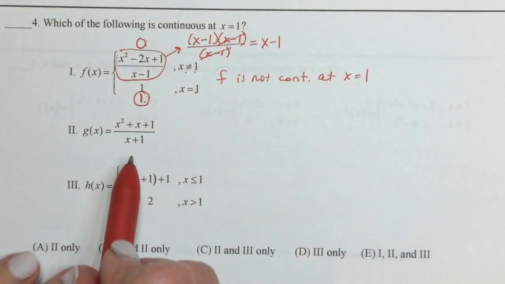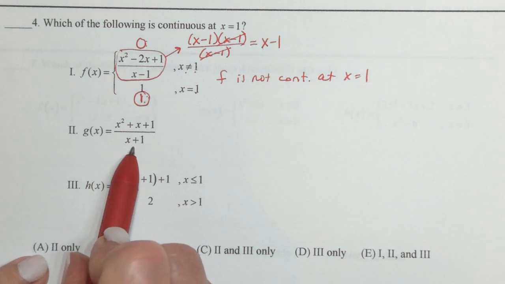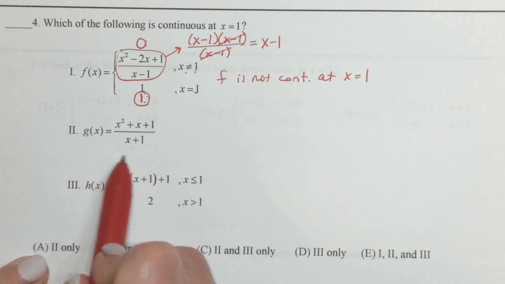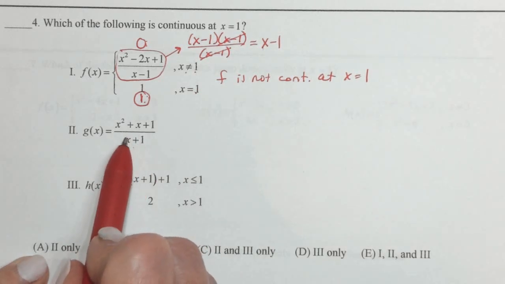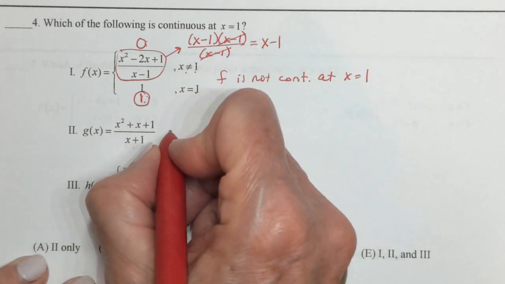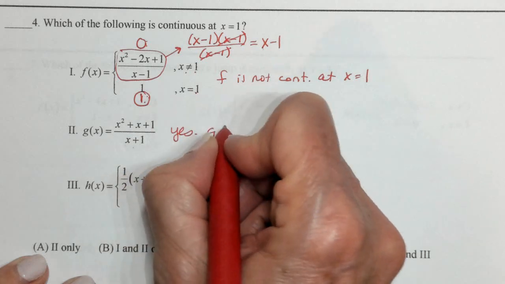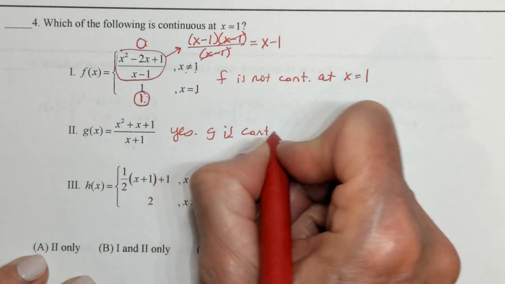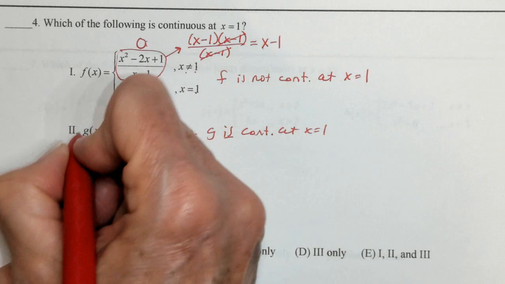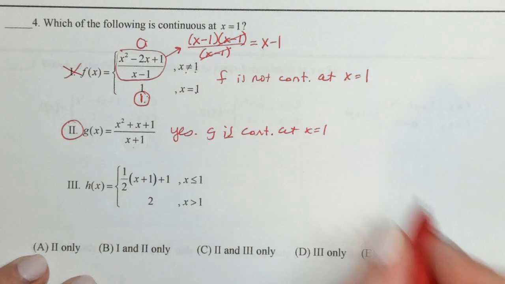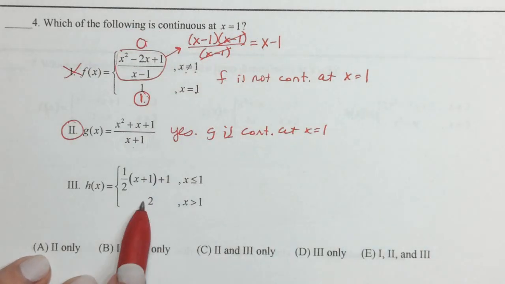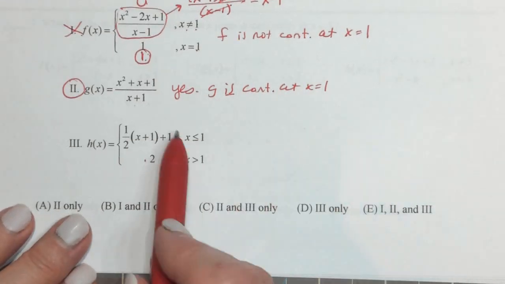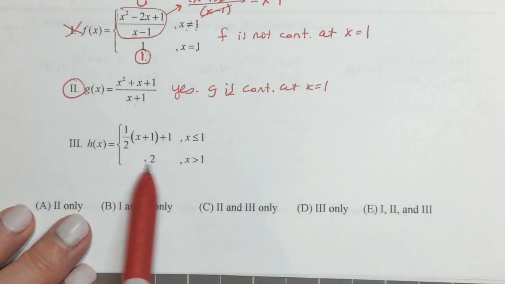Is this function continuous at x equal to 1? Well, it's not continuous at x equals negative 1, but that is the only discontinuity g has. So yes, g is continuous at x equals 1. But this one? Individually, this is a line, and this is a line.